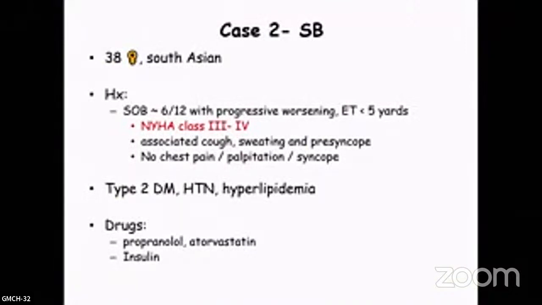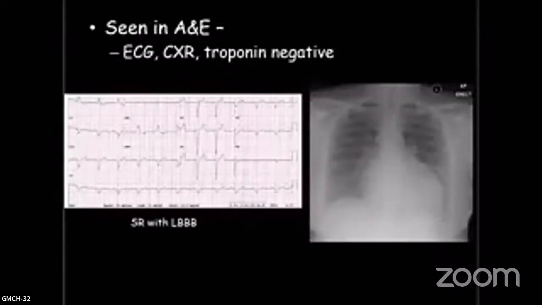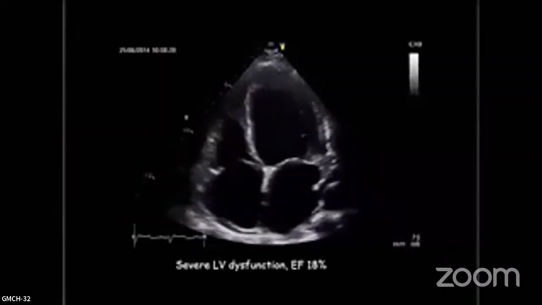This is a second case of a 38-year-old lady who presented with worsening symptoms of breathlessness. She had a plethora of cardiac risk factors, and the initial impression was that she would have coronary disease. The ECG showed left bundle branch block, and chest X-ray shows cardiomegaly.